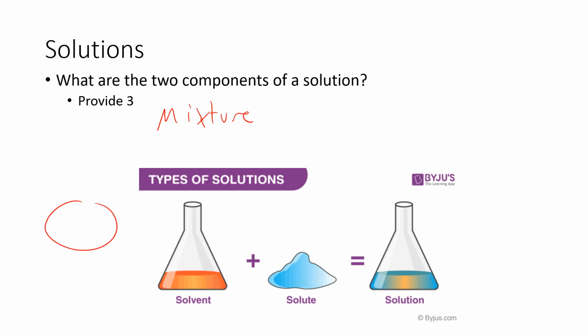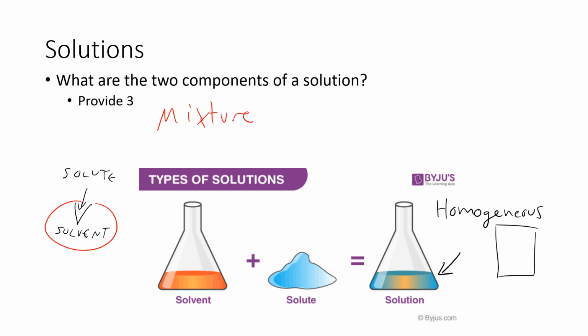The solvent is going to be the larger portion of whatever it is you're mixing in the solution. The solute is going to be the smaller portion of whatever it is that you're mixing. So you can see here, this is small. Now, the one thing I'm going to say about the solution when it's made is it's going to be what we call homogeneous. And what that means is that it is the same throughout.